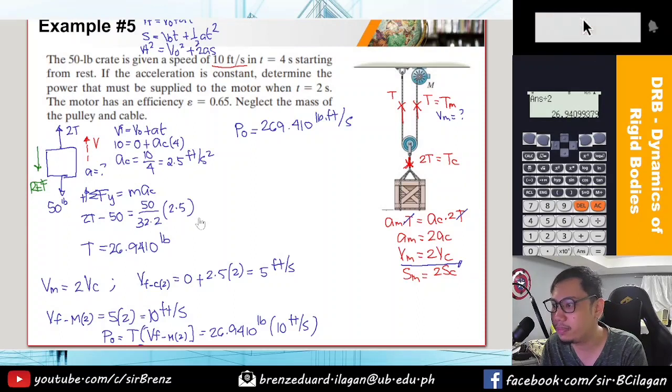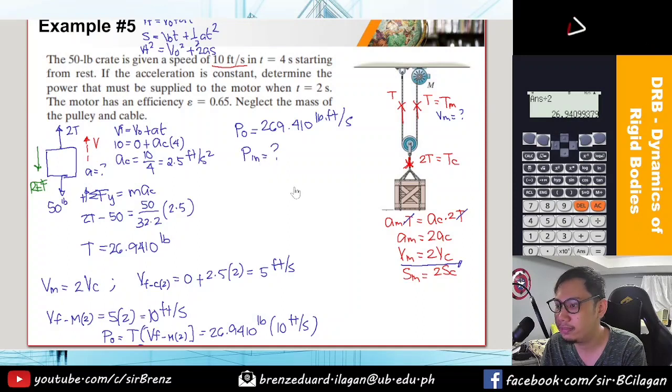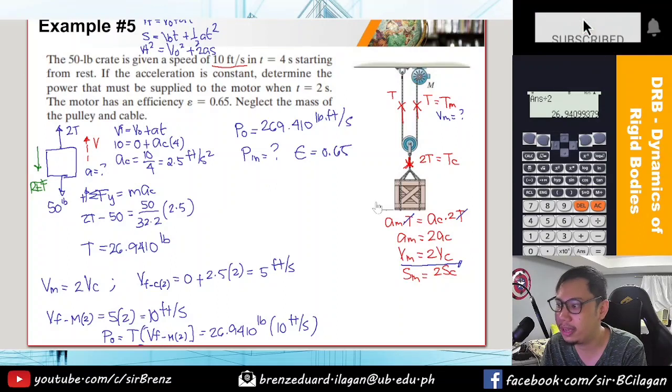However, that is not what the problem requires. Because it says here, determine the power that must be supplied. So what the problem is looking for is the input power needed to achieve an efficiency of 0.65 or 65%.